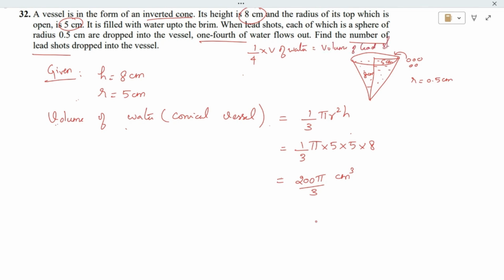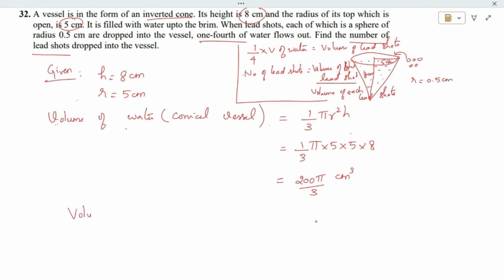After finding the volume of lead shots added, I can find the number of lead shots, that is, the volume of total lead shots added divided by the volume of each lead shot. So in order to find the volume of the total lead shots, I'm finding the volume of water first, and then I'm going to multiply by 1 by 4.